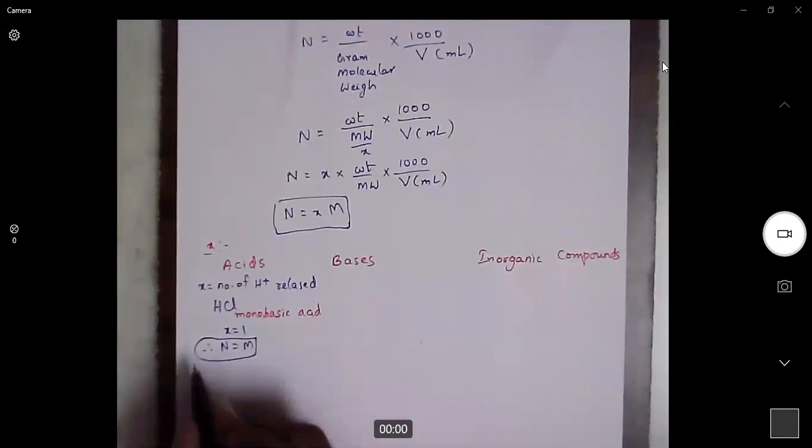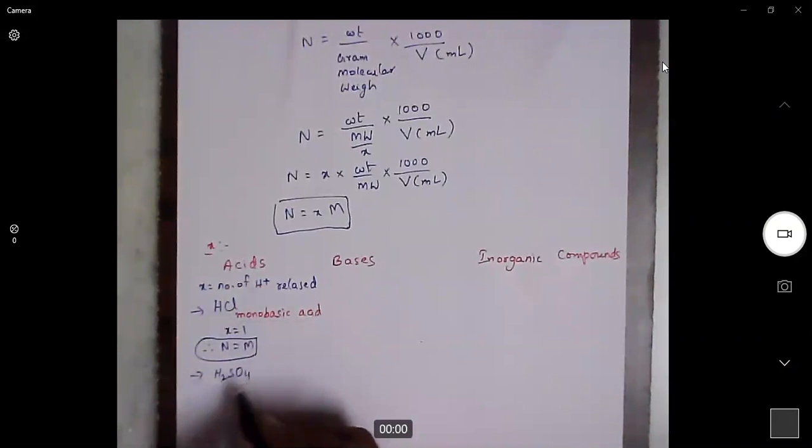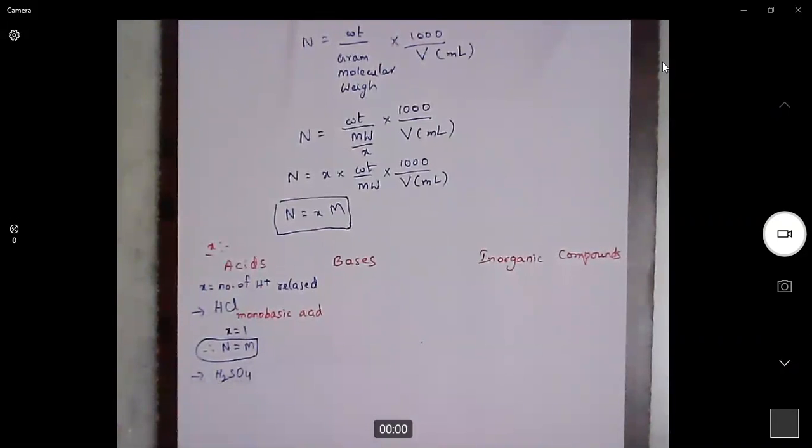For H2SO4, sulfuric acid, which releases 2 H plus, X is equal to 2. So for H2SO4, normality is equal to 2 into molarity.